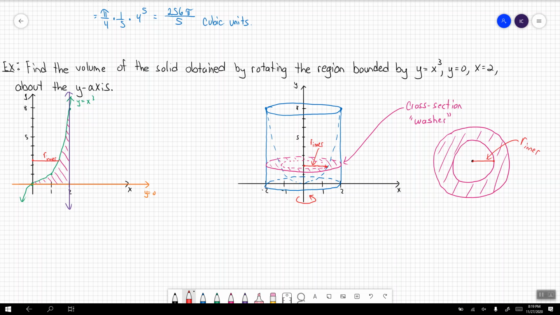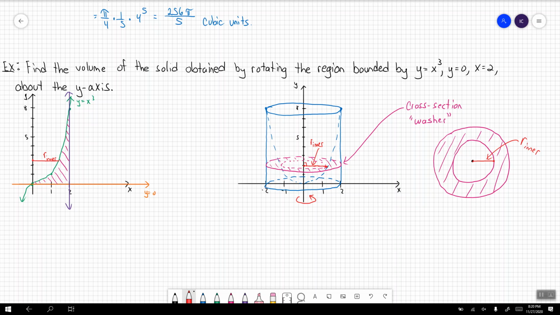In order to find that radius, I am going to now consider this function that is making that radius. Well, it goes out to y is equal to x cubed. So let's figure out what that value is. Since this cross section will be perpendicular to this y-axis, I'm going to be integrating with respect to y because that's where all of my sample points are going to lie.